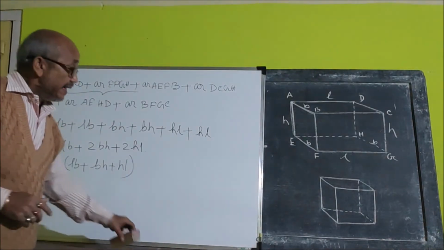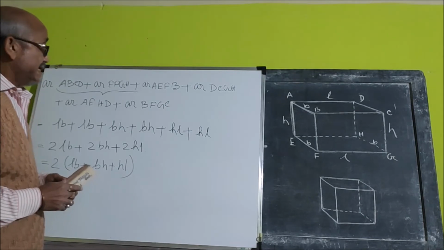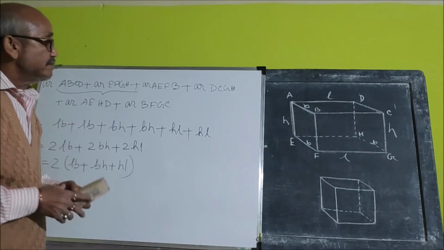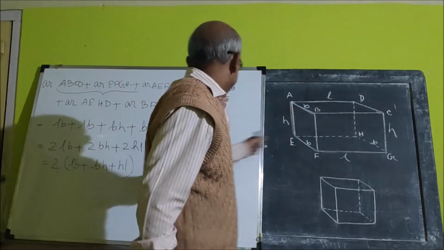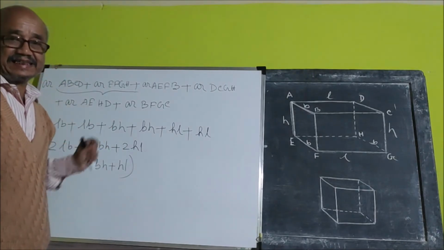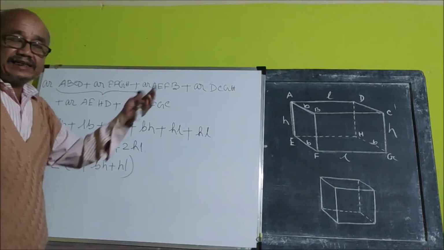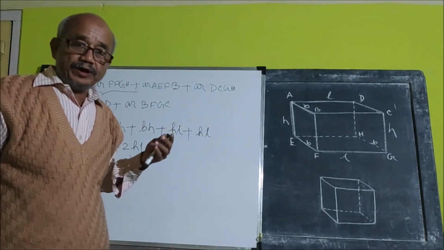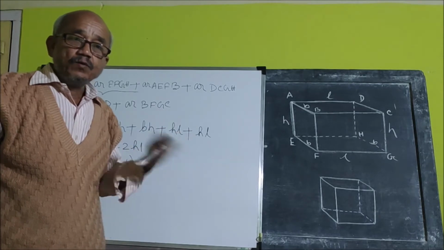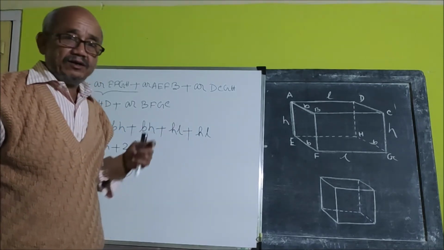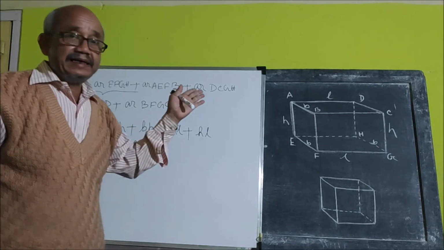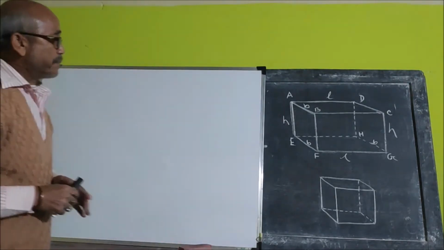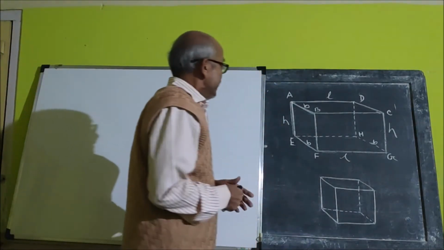Now another part of the area of the cuboid. Suppose there are 6 sides. If we are told to find the area of the cuboid when the upper part is excluded, then there are 5 rectangles.